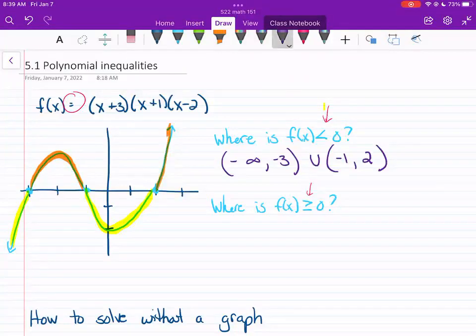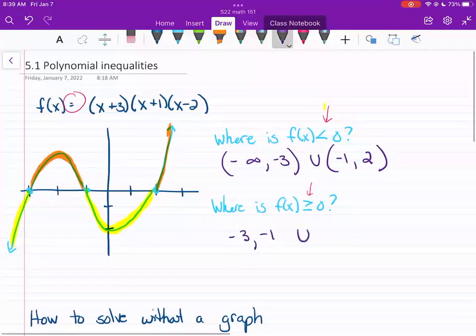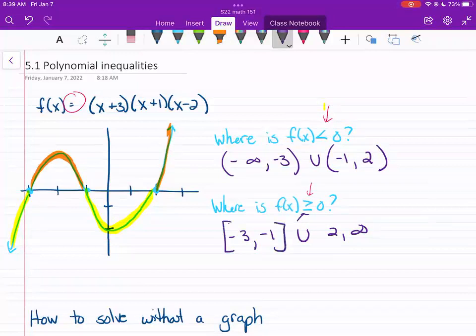And in this case, we see from -3 up to -1 in union with 2 to infinity. However, this time we are including those values. So we're going to go from -3 to -1, and then from +2 up to infinity. But remember, infinity always uses a parenthesis because we can never reach that.